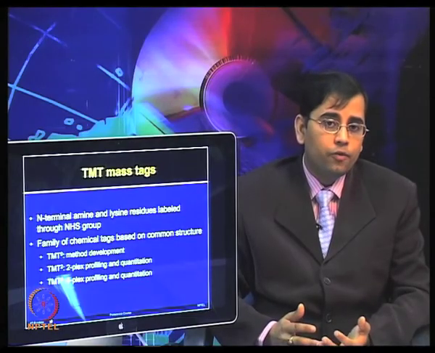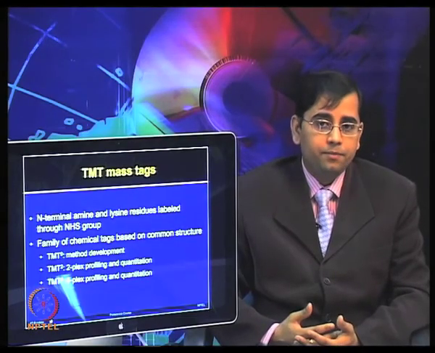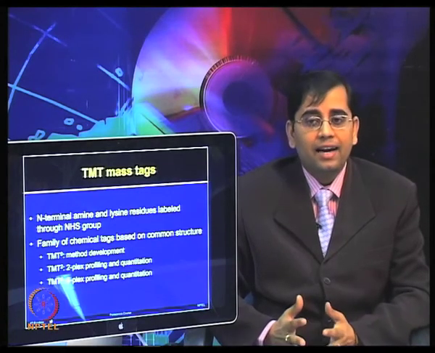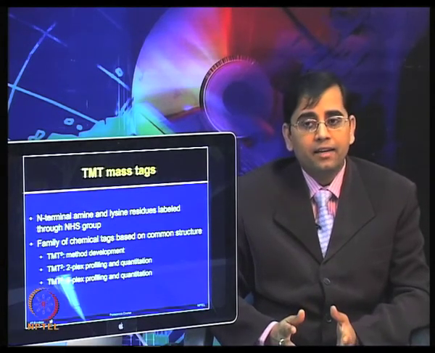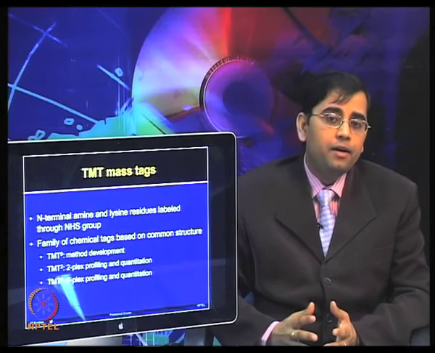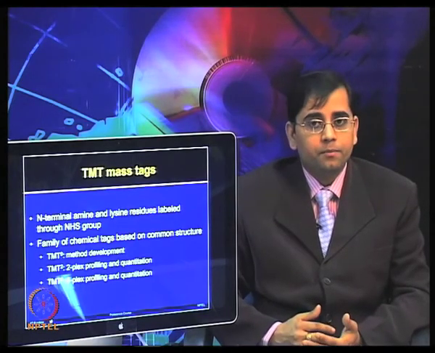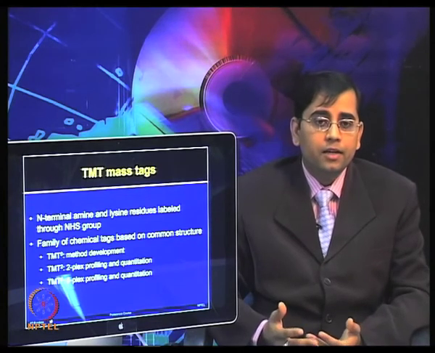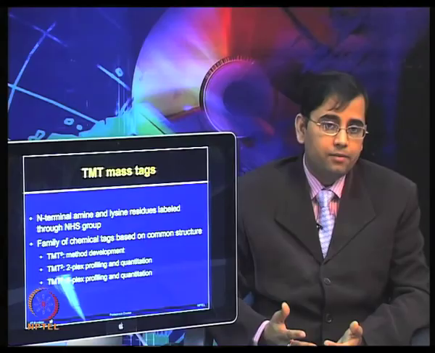Therefore, it allows for relative quantitation. In the TMT 6-plex, each tag adds a mass of 229 Daltons per labeled amine to the protein. The TMT duplex and TMT 0 share the TMT complex structures.